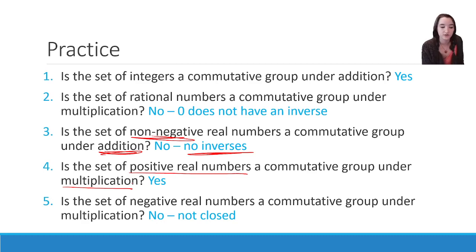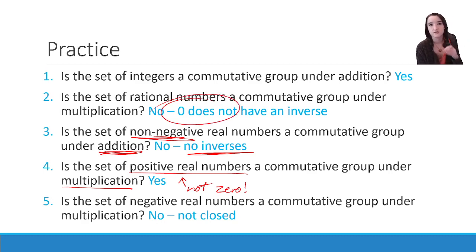Now, positive real numbers means not 0. So we no longer have this problem of 0 not having an inverse, because 0 is not part of the set. And 2, 1/2, 3, 1/3, those are our inverses to each other within multiplication. So in fact, this is a commutative group under multiplication, even if it wouldn't be under addition.